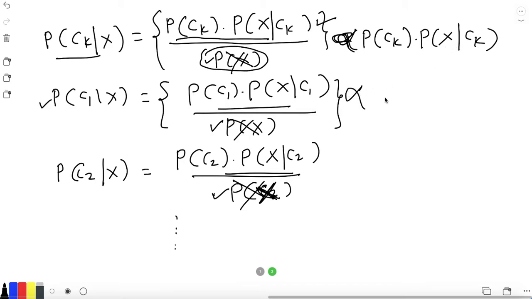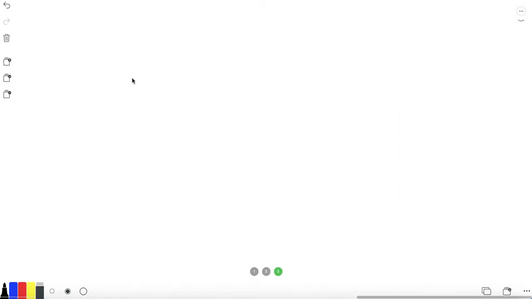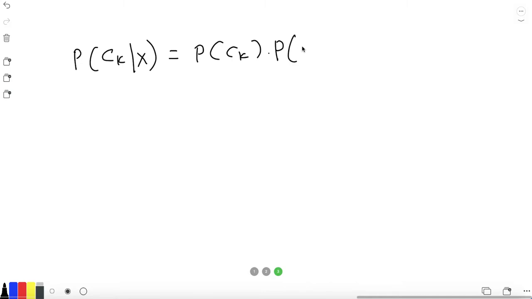Similarly here, it will be proportional to probability of C1 into probability of x given C1, and so on and so forth. So what I need to compute now is probability of Ck given x, which is proportional to probability of Ck into probability of x given Ck. I need to compute this for each of the classes.